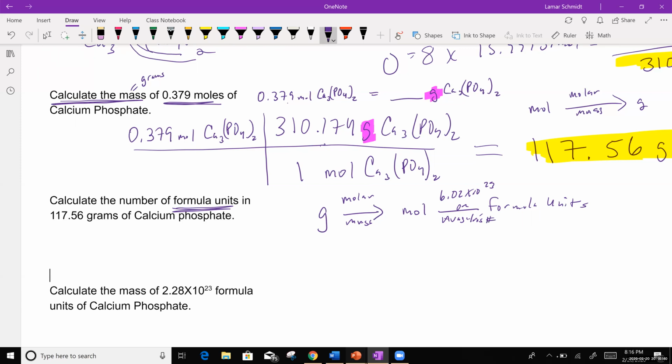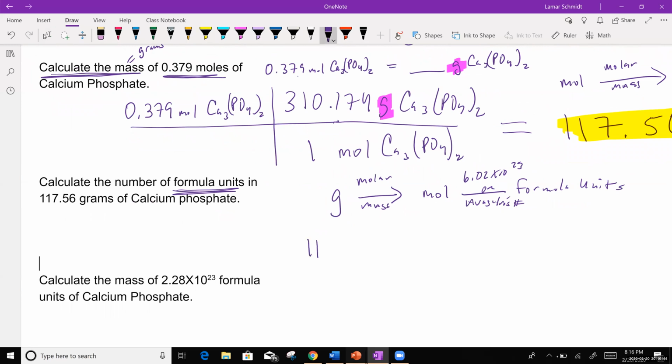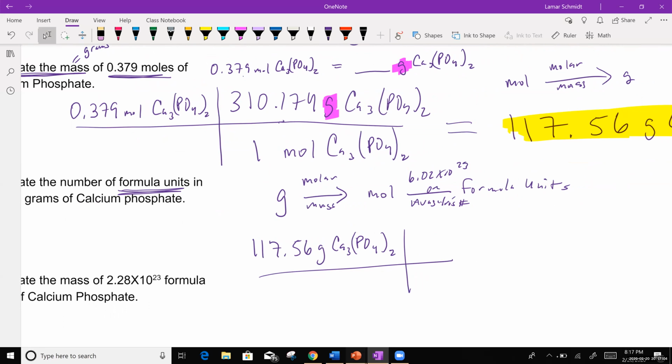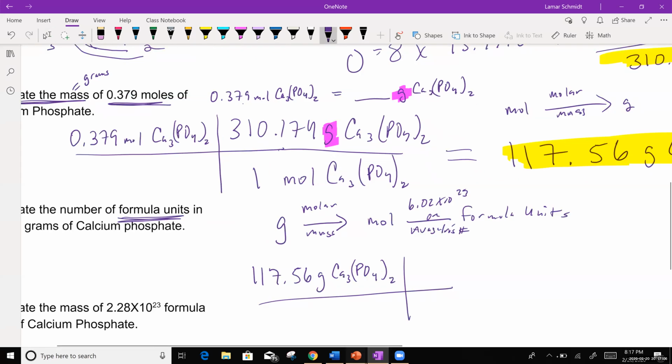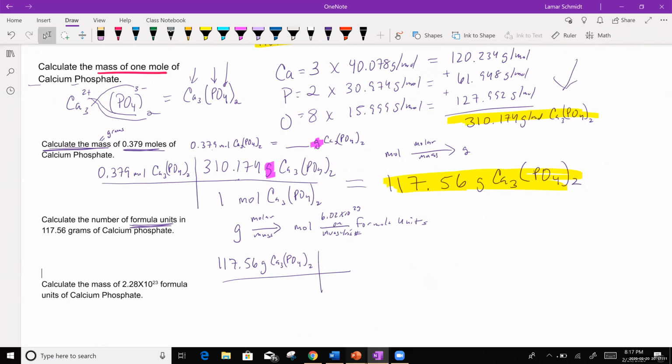All right, and so we're going to do that right now. So if we have 117.56 grams of calcium phosphate, we're going to use now our molar mass of calcium phosphate, which we said earlier was 310.174.